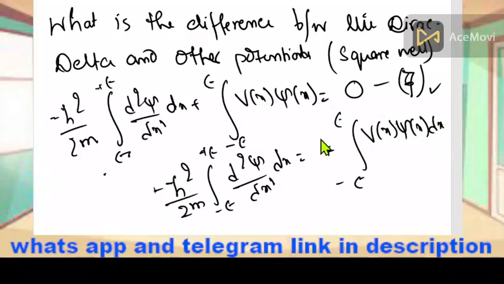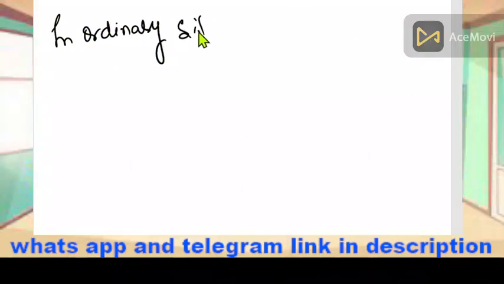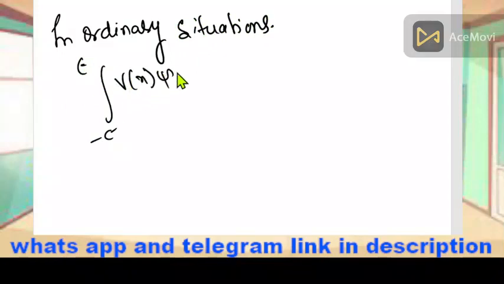This right hand side is 0 because we are taking the limit epsilon tending to 0, so it is a region of very small width. In ordinary situations, ordinary means different from the Dirac delta potential, the integral from minus epsilon to plus epsilon of V(x) psi(x) dx is equal to 0.